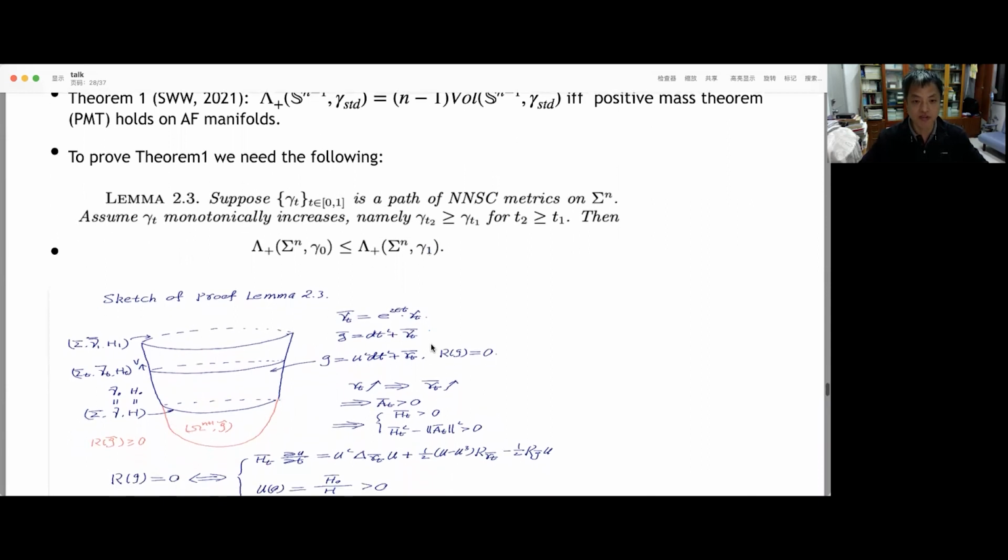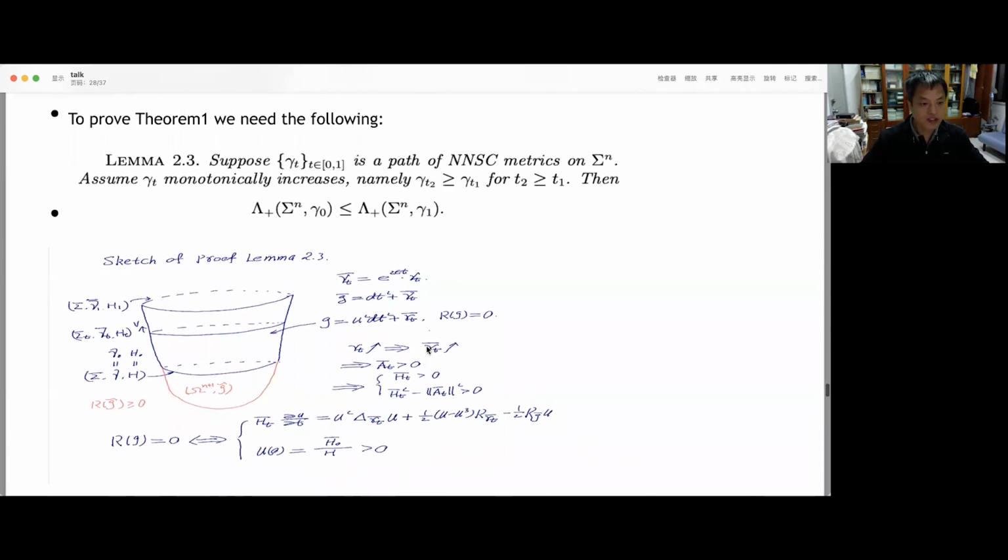Now let me show you the main idea of this. So pick any non-negative scalar curvature filling of these triples, which is denoted by (Omega, M, g tilde), and then we use this to construct a non-negative scalar curvature filling of these ones. Now here's the main idea.